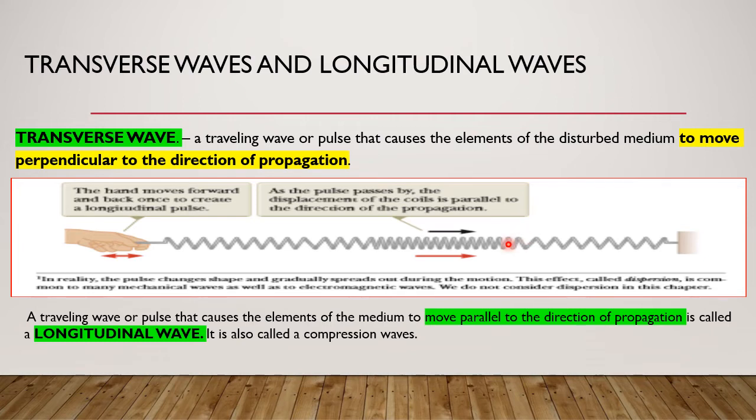Because the line of action is parallel to the direction of propagation. Okay. So sana maliwanag tayo, no? Transverse wave, pagka yung line of action of the wave will be perpendicular to the propagation. Kapag along the propagation, that will be longitudinal waves.